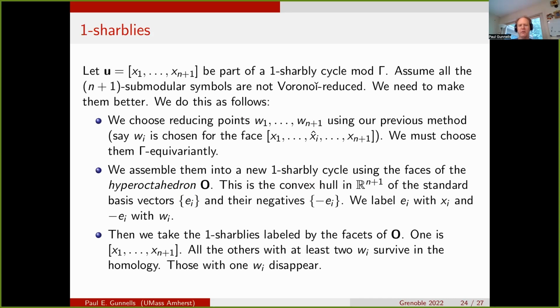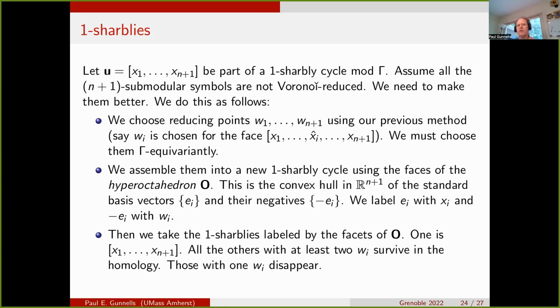So what do we do? We have n+1 faces, and we're going to assume for this discussion that all of those faces are bad. None of them are Voronoi reduced. They're all off the tessellation. For each one, we choose a reducing point using the method we described before.